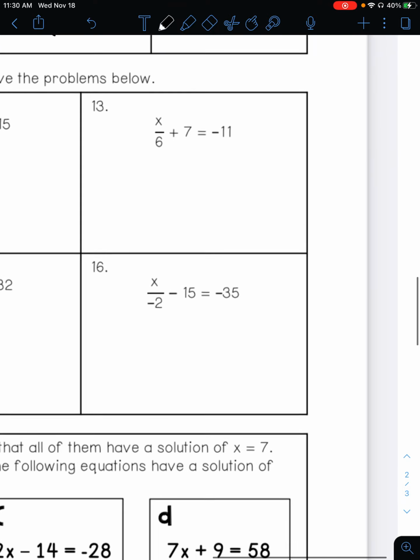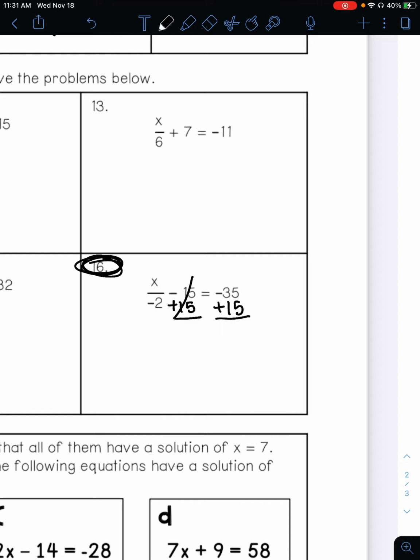But let's look at something like number 16. We're going to jump down here to number 16. This will be our last one. We have x divided by 2 minus 15 equals negative 35. The first thing we need to do is undo our addition and subtraction, so we add 15.